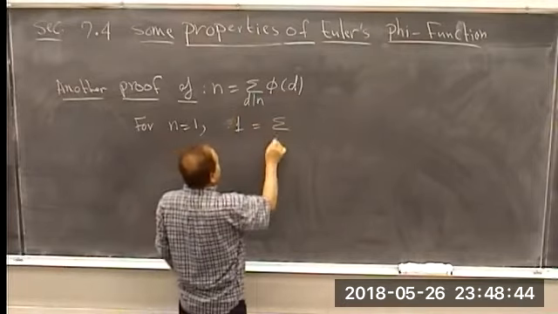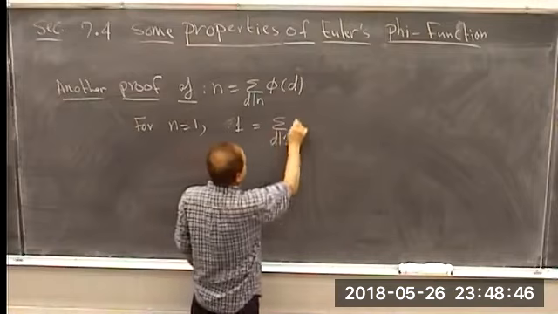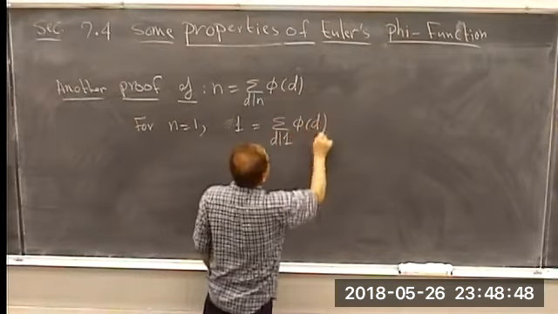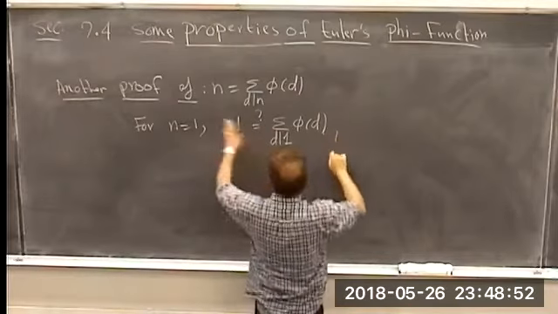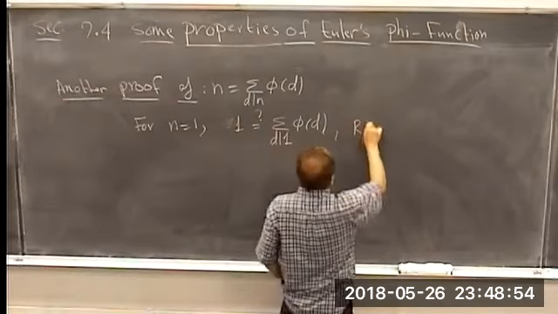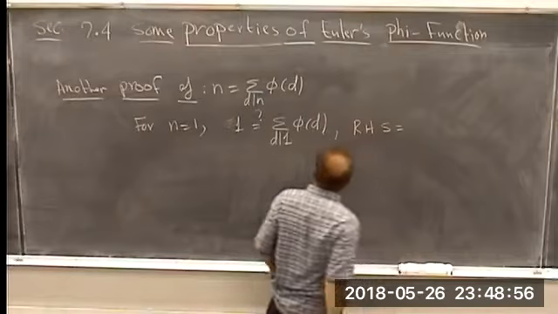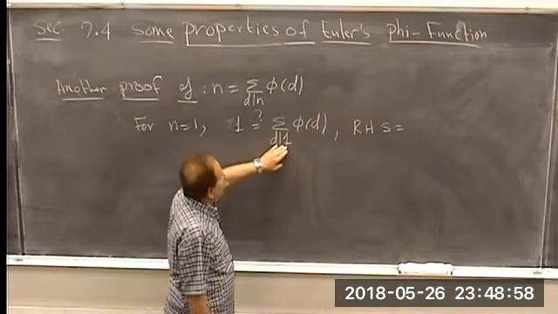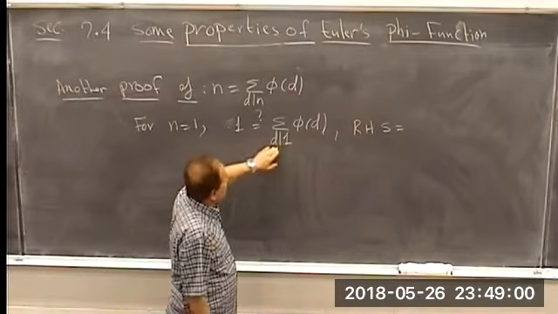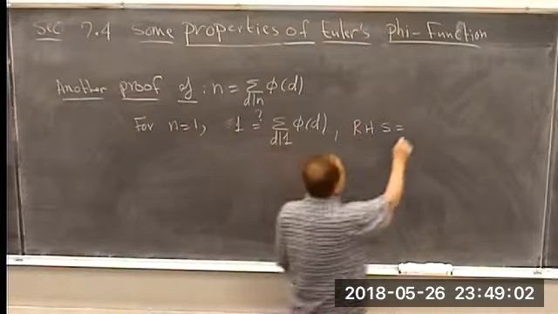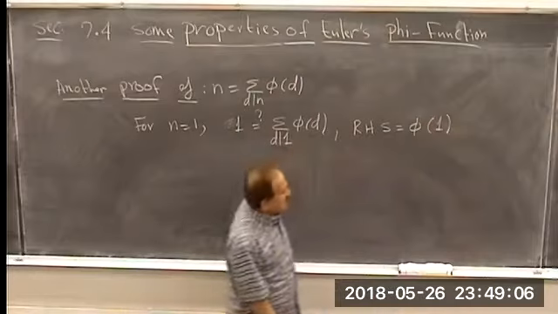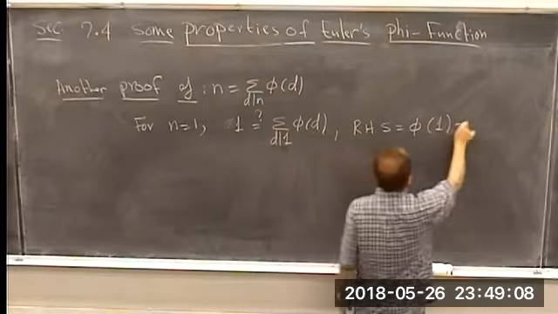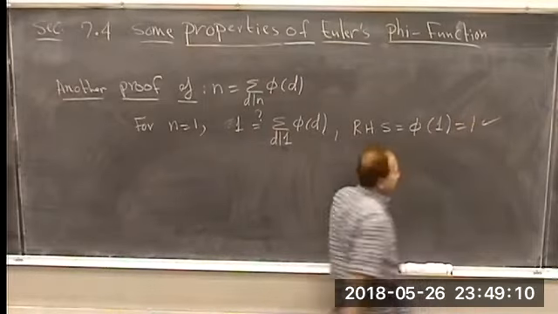I want to check if this is true. The left-hand side is 1. The right-hand side has only one divisor, d equal to 1, so it's the trivial sum of phi of 1, which is 1. And so yes, the statement is true.